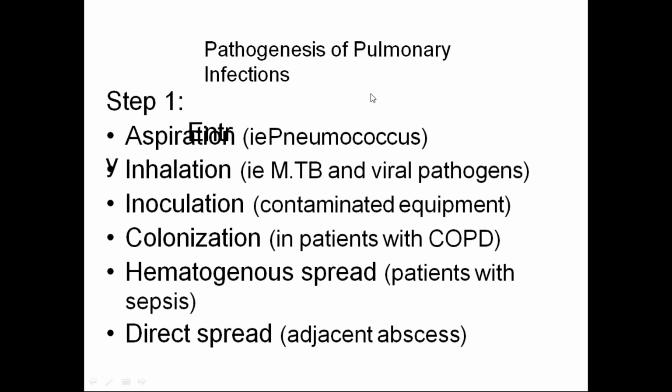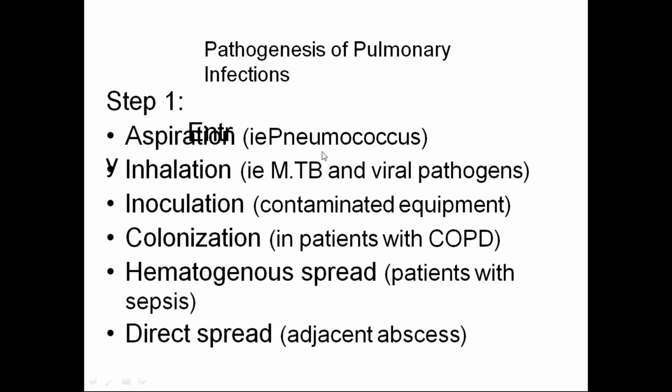Coming to the pathogenesis of pulmonary infection, the major step is entry of the pathogen. Entry of the pathogen is by aspiration, inhalation, inoculation, colonization, hematogenous spread, and direct spread. Pneumococcal pneumonia usually occurs by aspiration of food particles, which causes aspiration pneumonia.